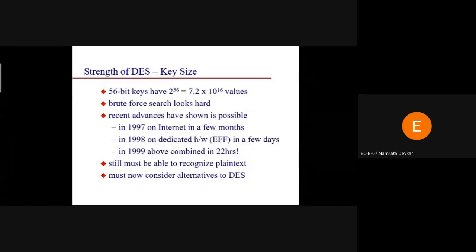Okay, so in 1999, the DES algorithm could be designed or cracked in just 22 hours. So it requires time to develop, design or install this algorithm on any specific computer systems.